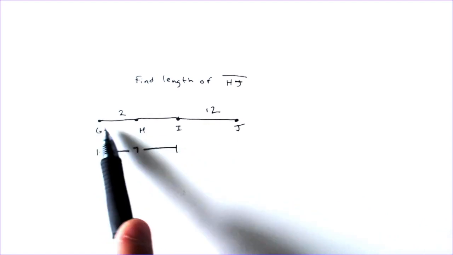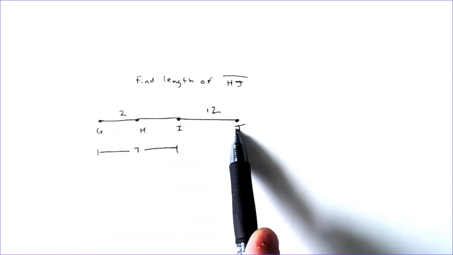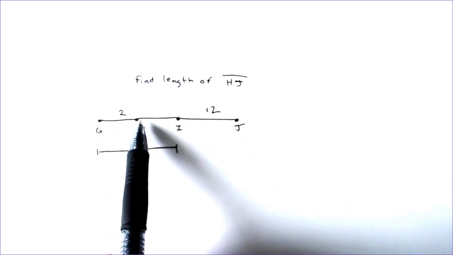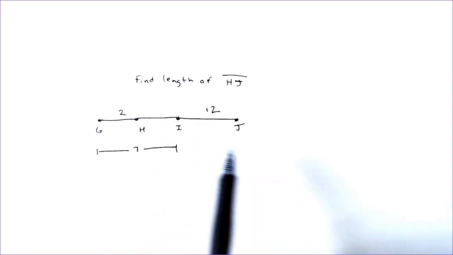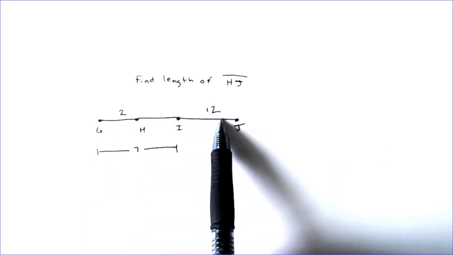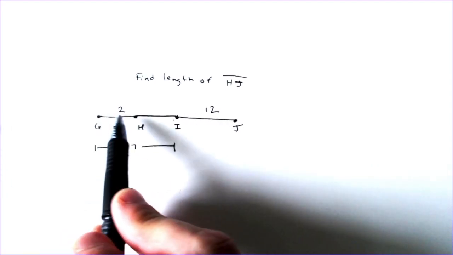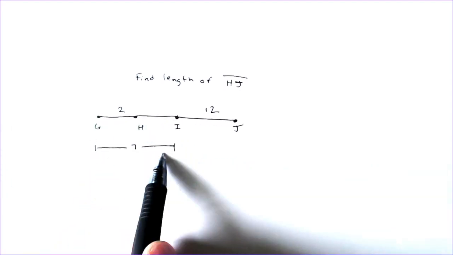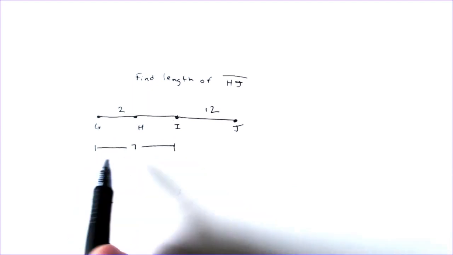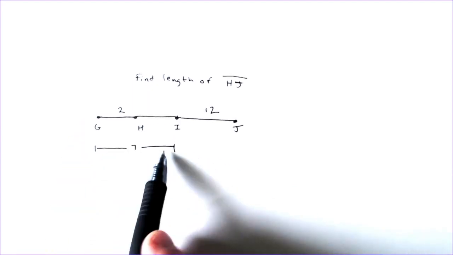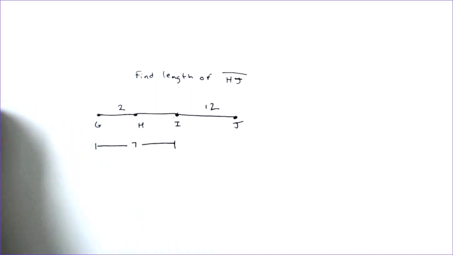The total length is actually not incredibly hard to find. We can't add 2 and 12 together. That won't tell us the total because we'd be missing this chunk in the middle. We also can't add 2, 7, and 12 together because we would have an issue there as well, because this 2 is a part of the 7. So there's actually a few different ways that you can do this.